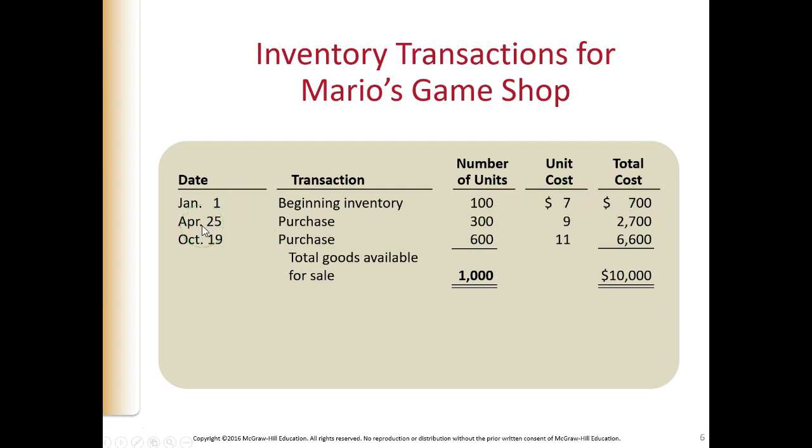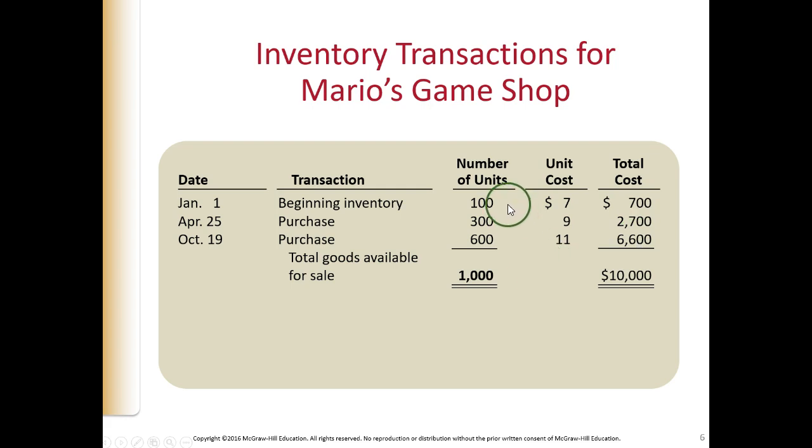Then on April 25th, you purchased 300 more units that cost $9 per unit. So you can see the price is going up per unit. And that cost, 300 units times $9 per unit, is $2,700. Later on in the year, October 19th, you purchased another 600 units that cost $11. So the price keeps going up per unit. And 600 units times $11 per unit is $6,600.